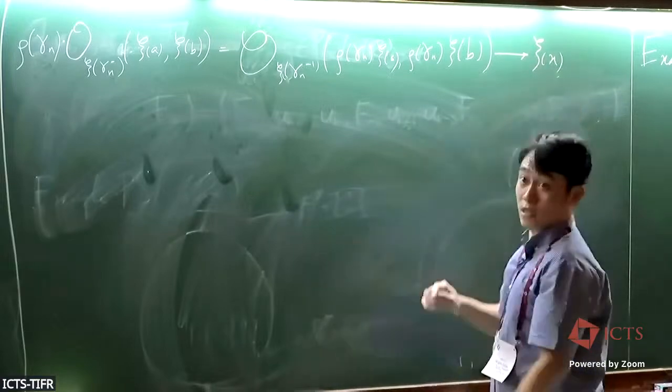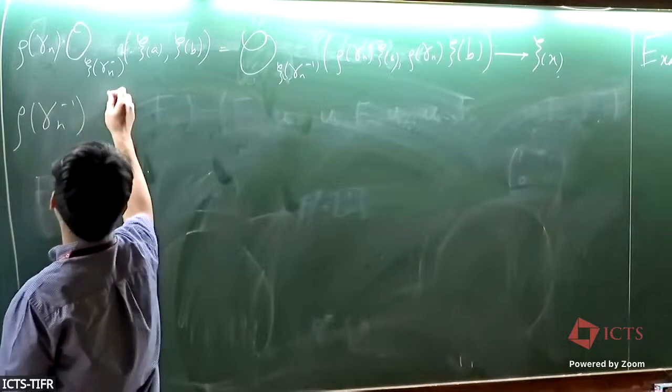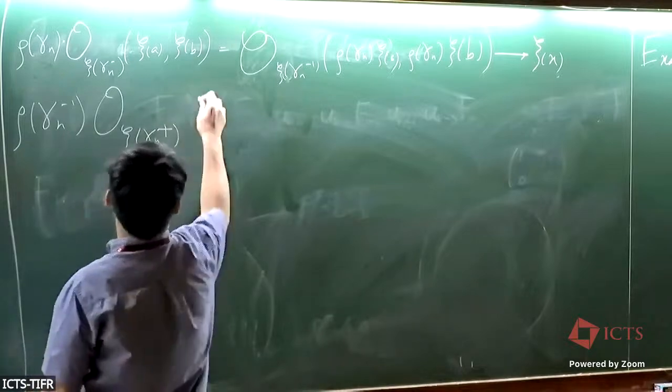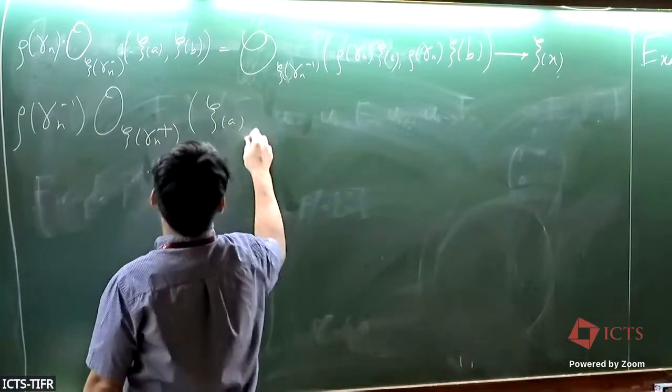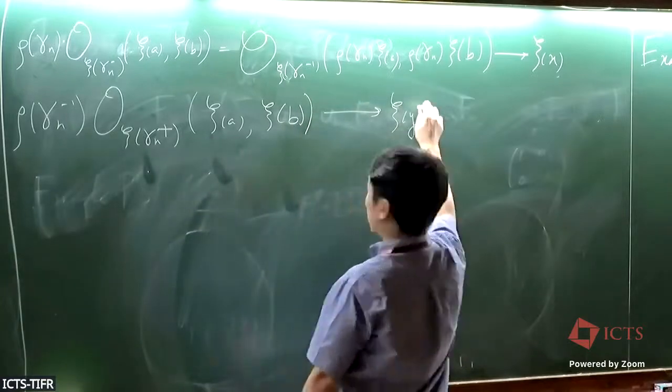Similarly, if you take rho gamma_n inverse of the open set O of C(gamma_n plus), C(A), C(B), this open set is getting crushed towards C(Y).